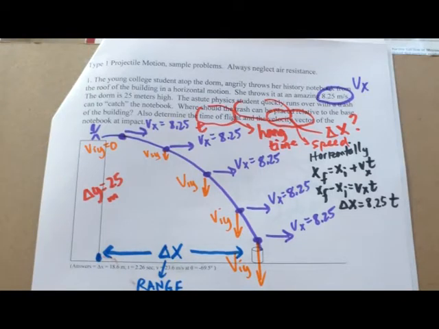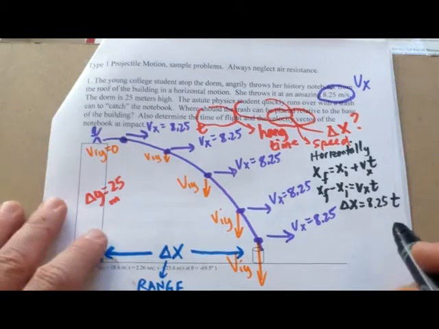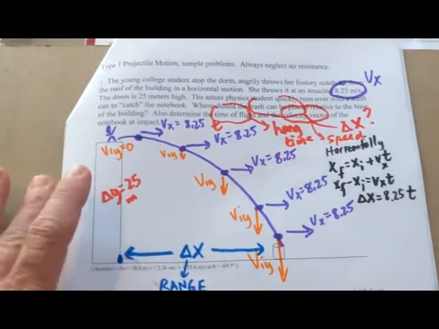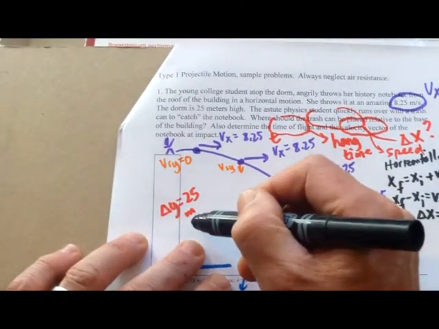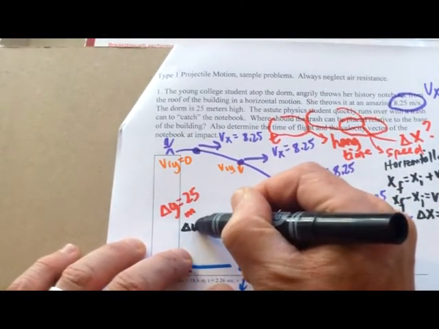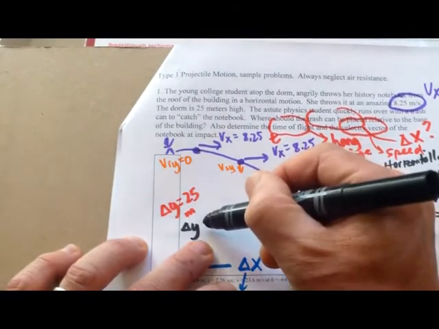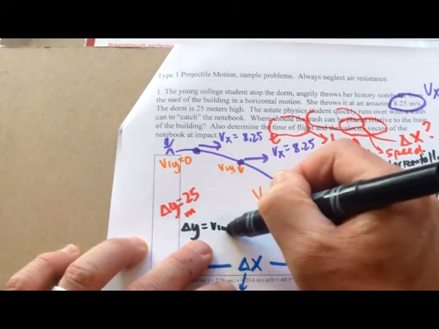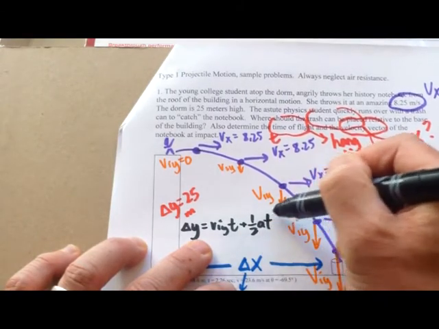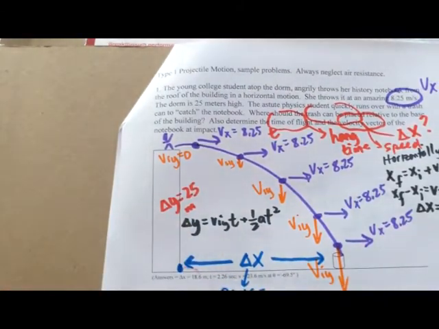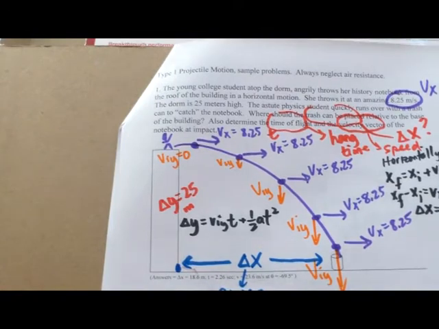Now, we said then that vertically, the vertical equation represents free fall. So let's put down our how far equation. We said vertically then, how far, delta y, is VIY t plus 1/2 AT squared. That would be how far the notebook or the ball travels vertically.